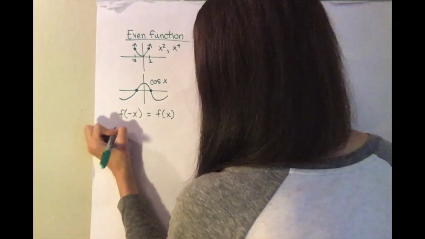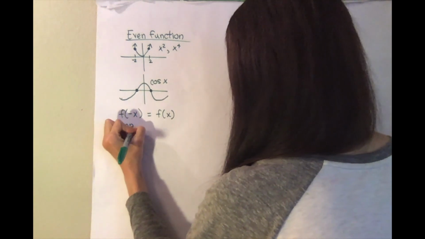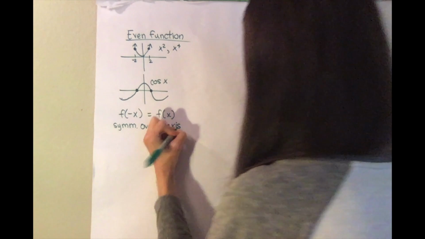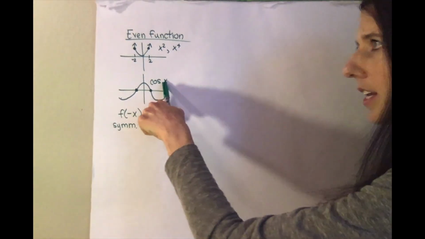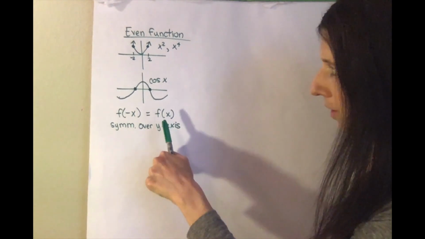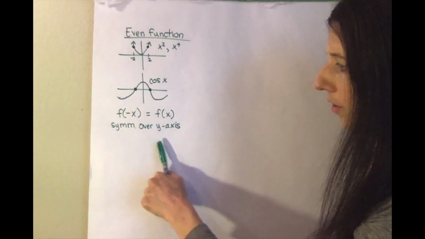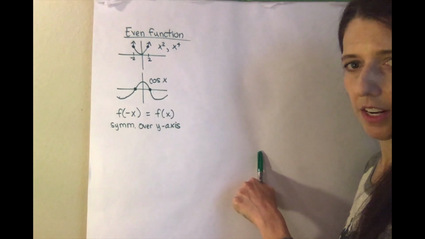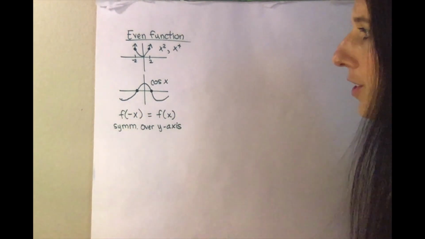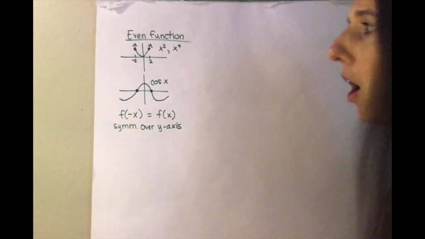So even functions are symmetric over the y-axis. So cosine x is an even function. That's why in the Maclaurin series for cosine, all of the powers are even, because it can be described by an even polynomial.